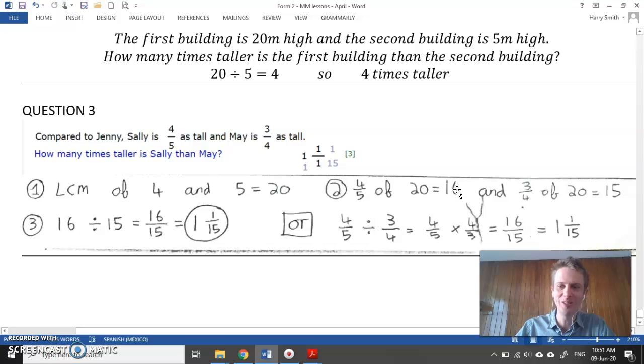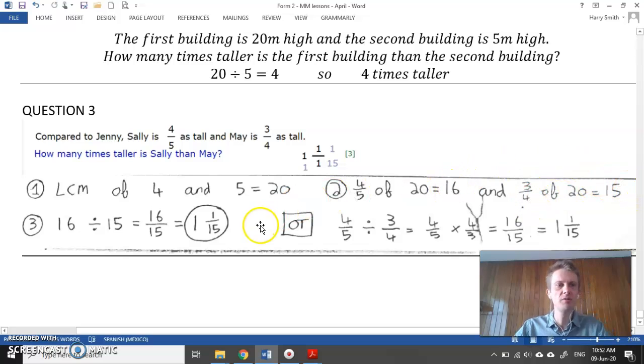I know no one in the world is 16 meters high, but I'm just trying to make this easier to understand. So 4/5 of 20 is 16, and 3/4 of 20 is 15. That's the reason I looked at the lowest common multiple: 20 can be divided by 5 and by 4 to get whole numbers.